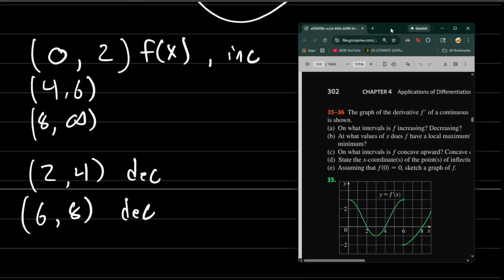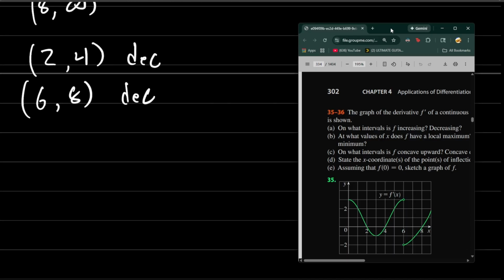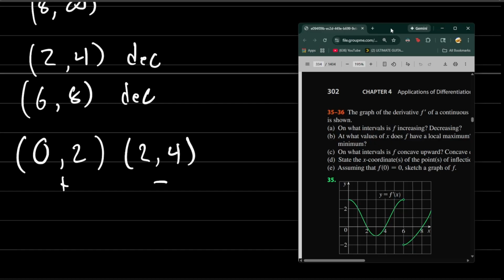And then we are going to set this up. So we have 0 to 2 is positive, and then 2 to 4 is negative, and then 4 to 6 is positive, and then 6 to 8 is negative, and then 8 to infinity is positive.